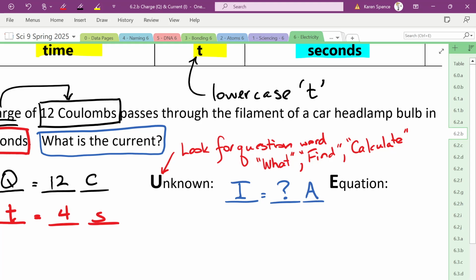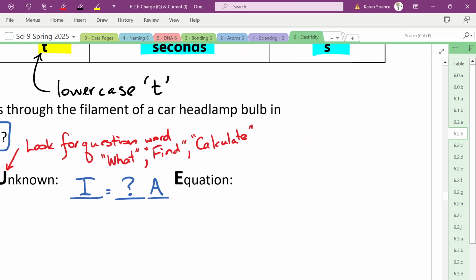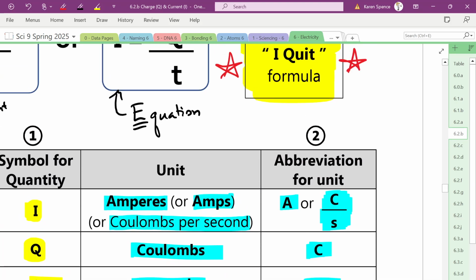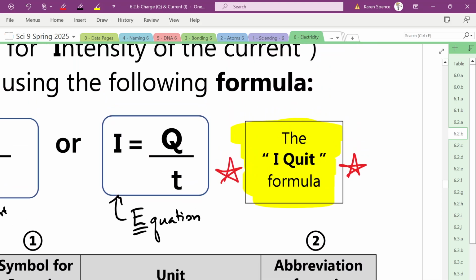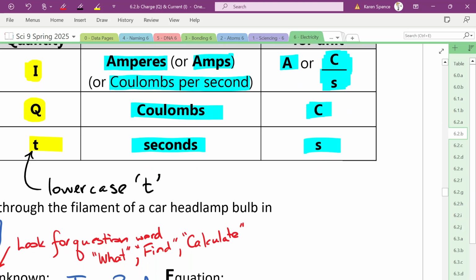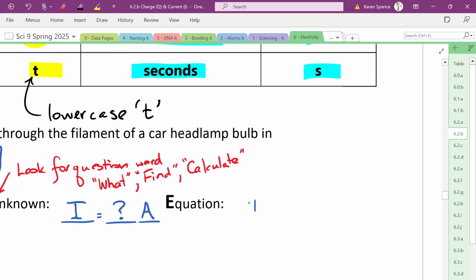Now we're on to E. What does E stand for? E stands for equation. What is the equation? I equals Q over T. What comes after G, U, E? S. What's the first S for? First S is for solve.